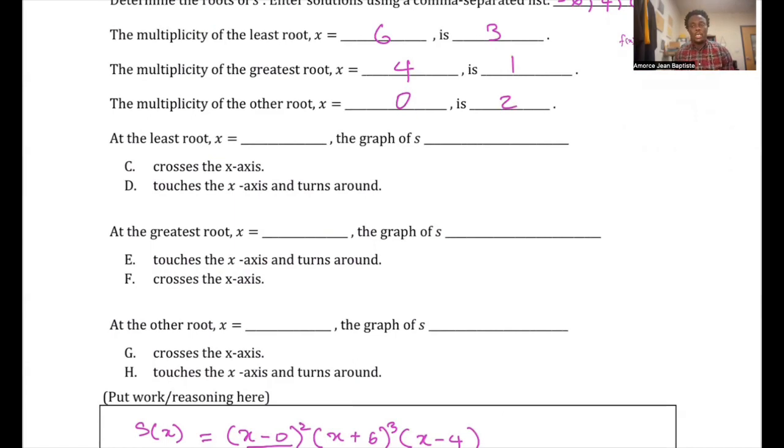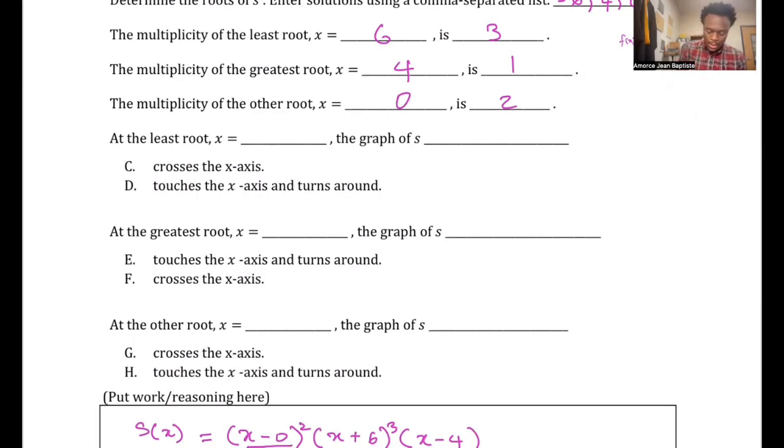And we know when the multiplicity is even, you have a touch and turn on the x-axis. When the multiplicity is odd, you have a cross on the x-axis at the location of that zero.